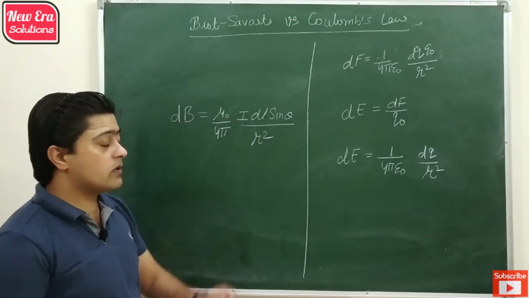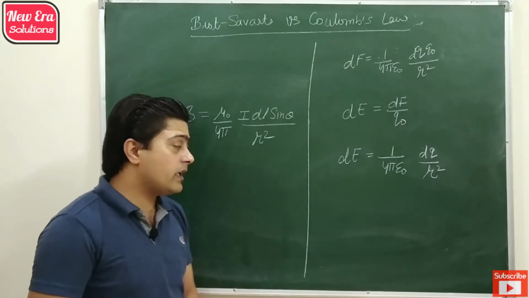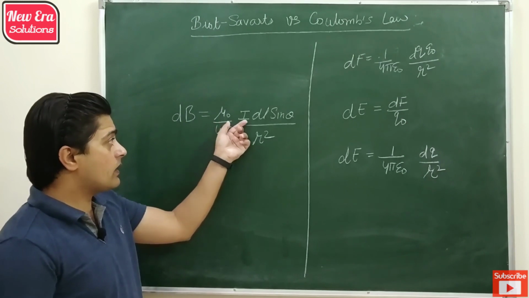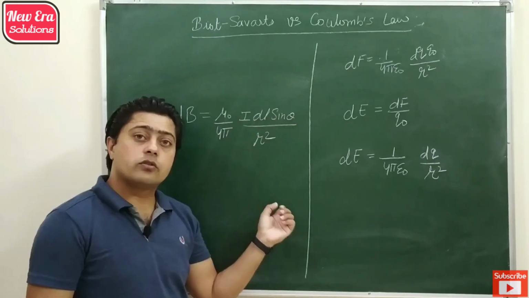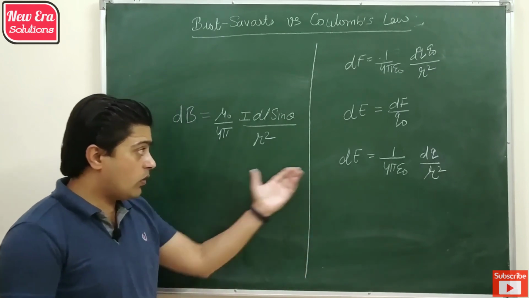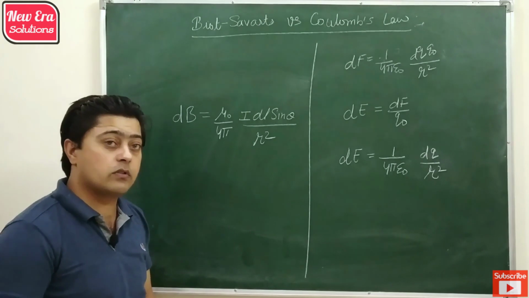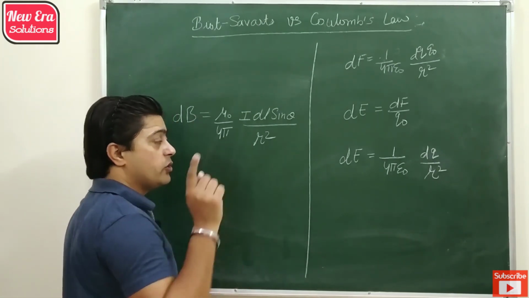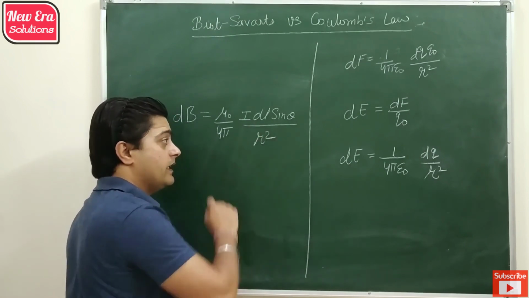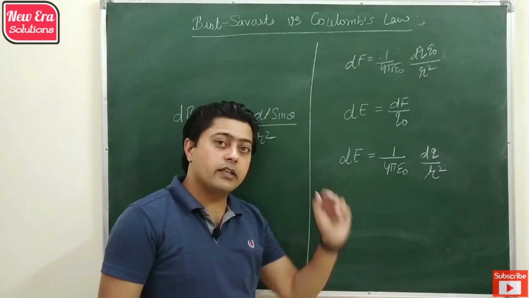Then in Biot-Savart's law, the small magnetic field due to a current element depends on the current, the length of the current element, sin theta and r square. If we compare both fields, electric and magnetic, obtained from Coulomb's and Biot-Savart's laws, we observe that this magnetic field is due to a small current element dl, and this electric field is also due to a point charge dq.